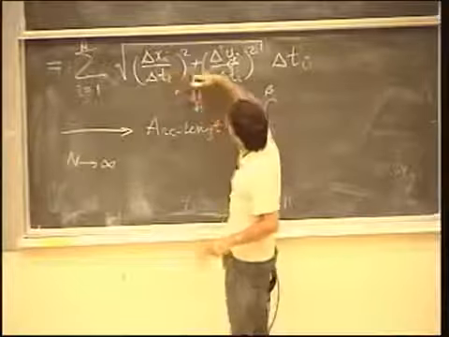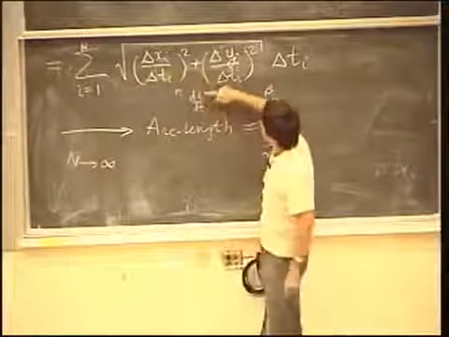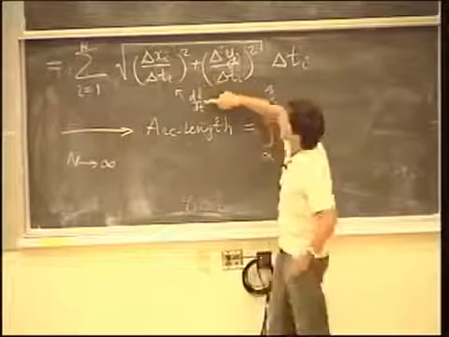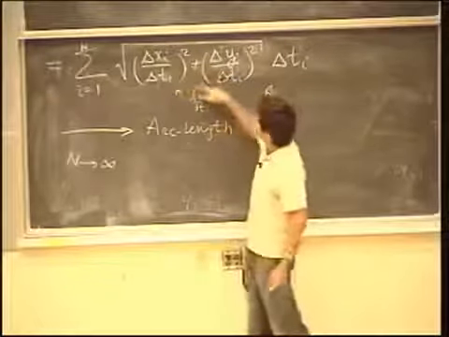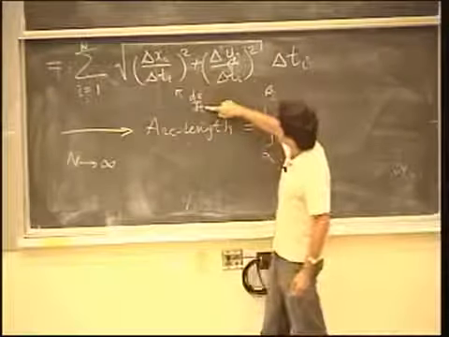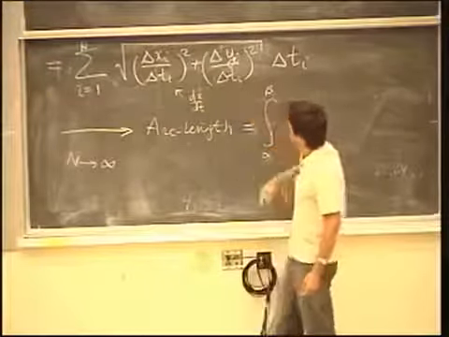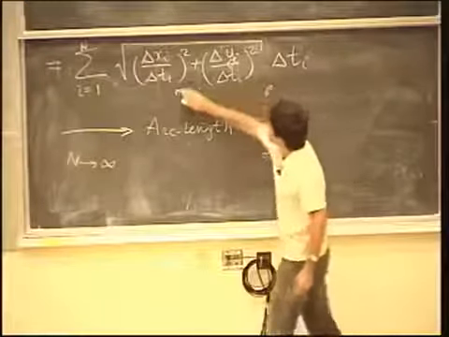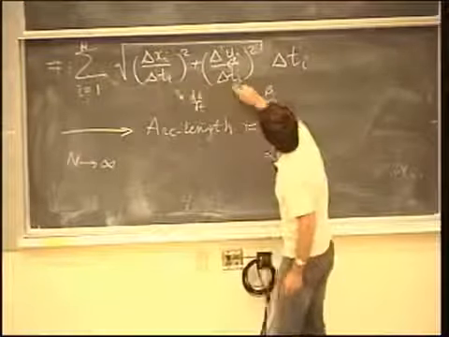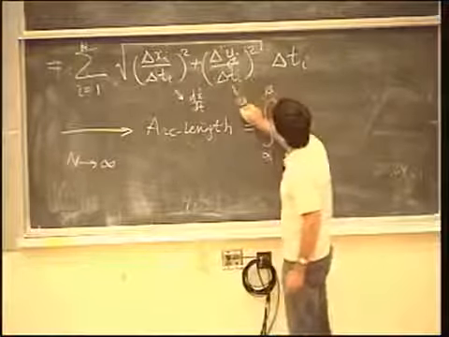This is well approximated for finite n, but becomes equal in the limit to dx/dt, the derivative of x with respect to t. And likewise, this one becomes dy/dt.